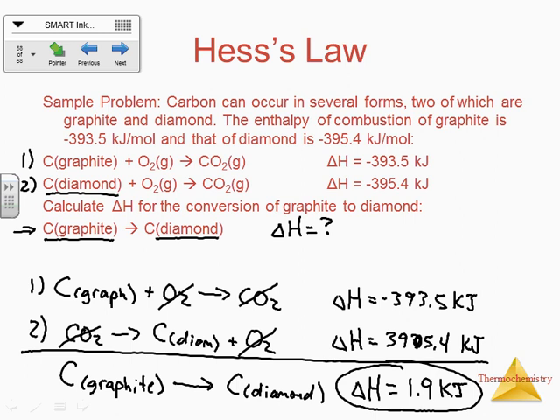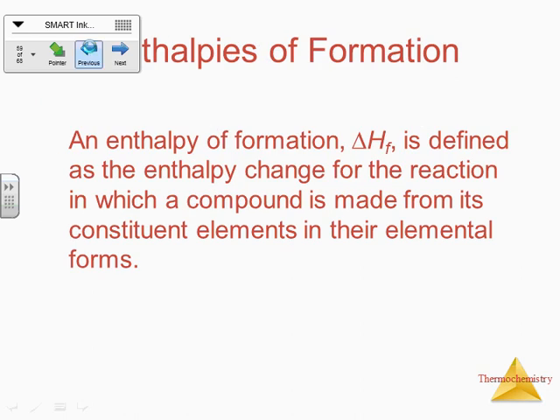Obviously, it's a little more complicated than just supplying it with energy. Otherwise, that would be a very easy thing to do. It also has to be restructured. So, but that's the amount of energy that it takes, theoretically, to change graphite into diamond, based on the thermodynamic data. Okay? Alright, so that's Hess's law.